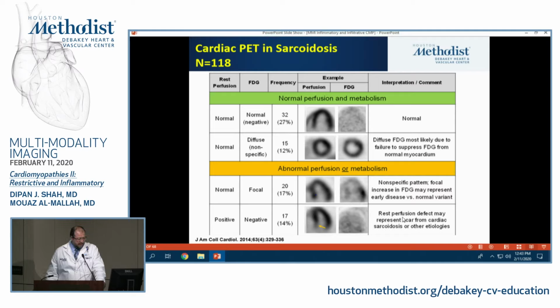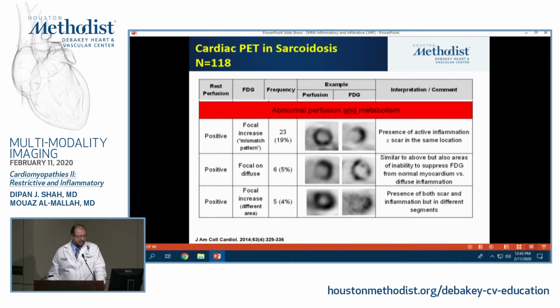And then sometimes you can have a rest perfusion defect, as you've seen there, but there is no FDG uptake. These are patients who already had cardiac sarcoidosis or scar from any other disease, and now there is no FDG uptake in that territory.